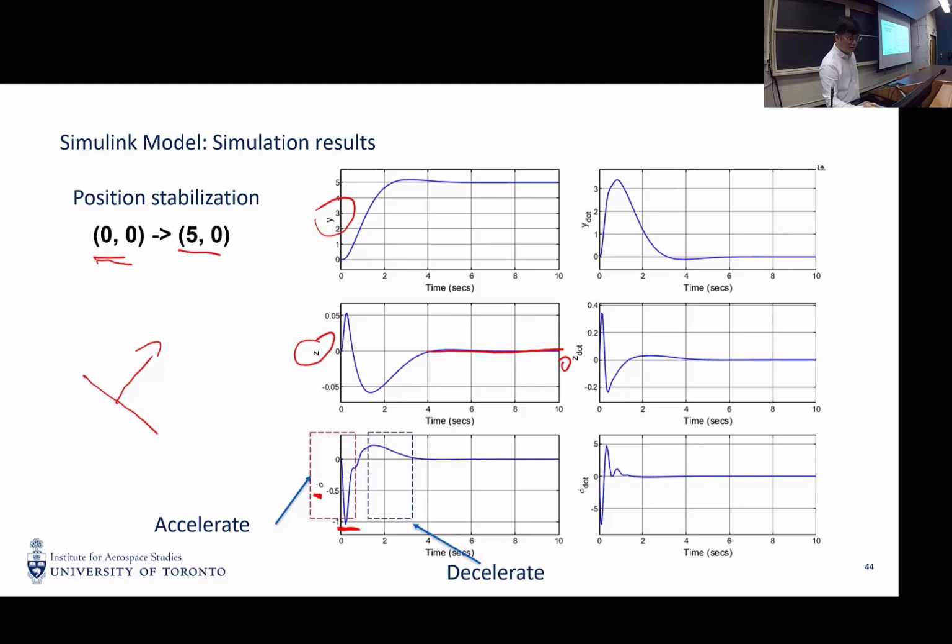Before reaching the goal location, it needs to decelerate, so we have a positive phi after the negative phi. Makes sense, right? Good. Any questions about the design of the position stabilization for the 2D quadrotor? Is everybody familiar? Okay.